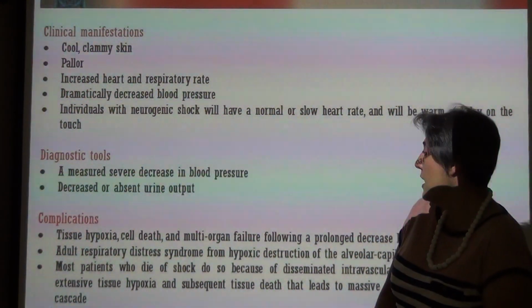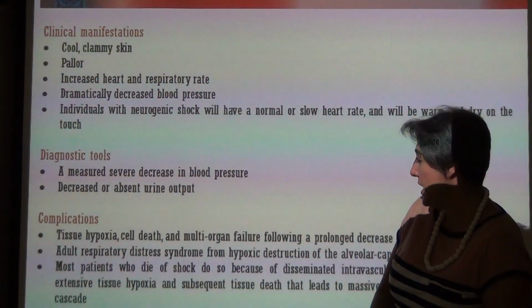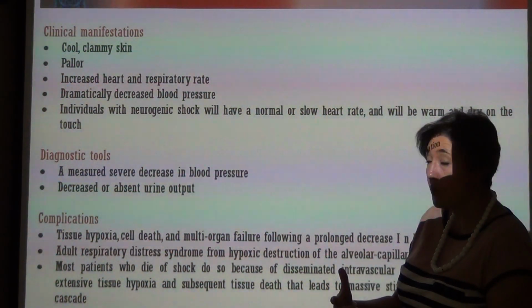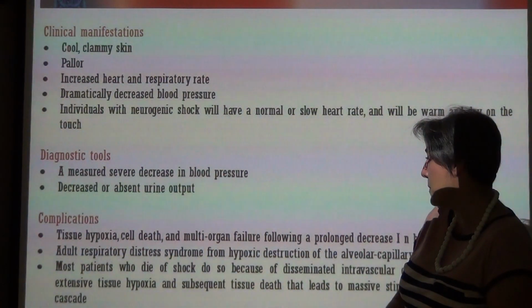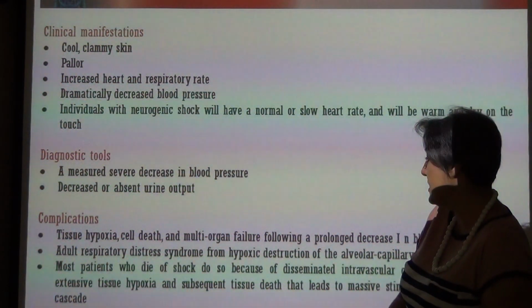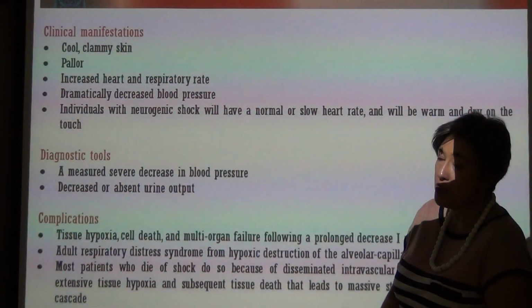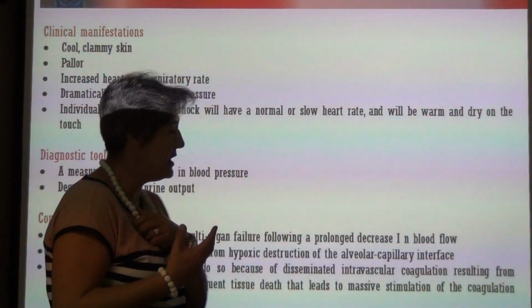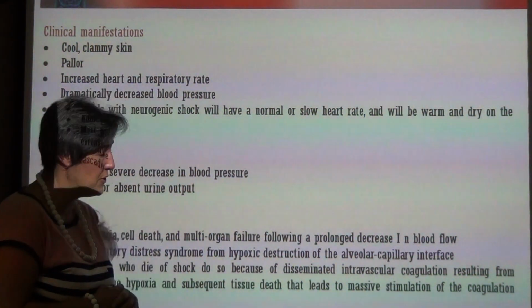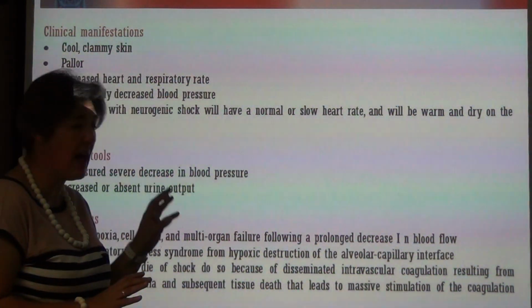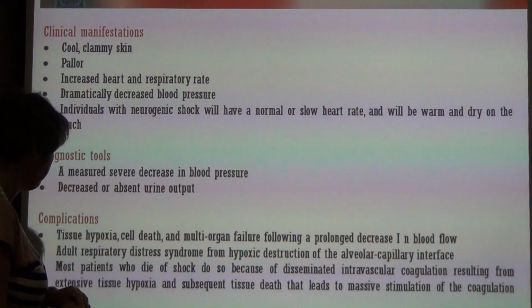So with tissue hypoxia, cell death and multi-organ failure can occur after prolonged periods of decreased blood pressure. ARDS, which is adult respiratory distress syndrome, is usually a disease I will explain to you in detail when we do the respiratory system. That's when you have the destruction of your alveolar capillary networks.